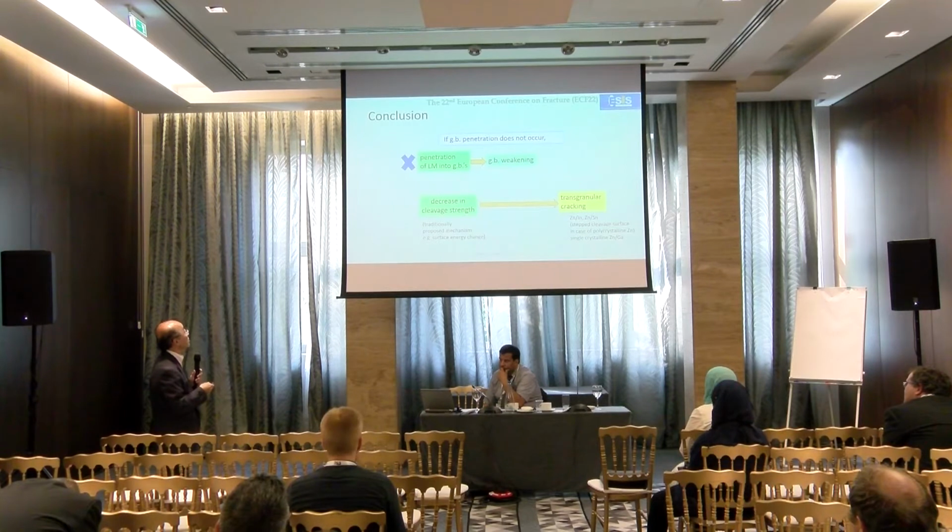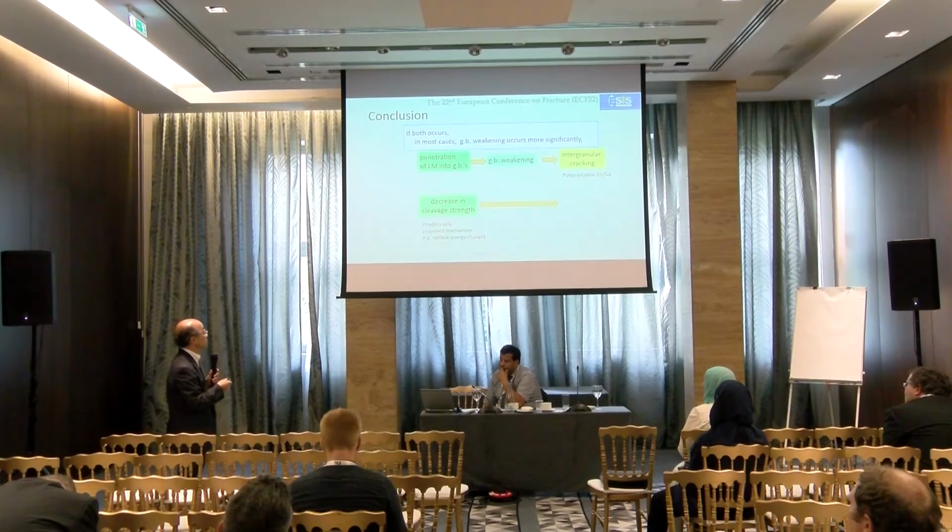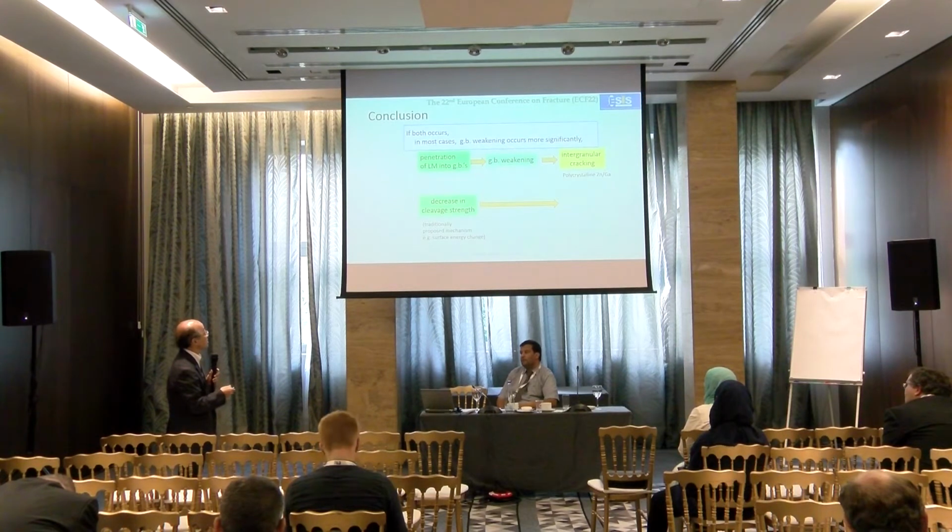If grain boundary penetration does not occur, the first does not happen, so this leads to transgranular cracking in the case of zinc-indium or zinc-tin. If both occur, in most cases grain boundary weakening occurs more significantly, and intergranular cracking is observed, like the zinc-gallium case.